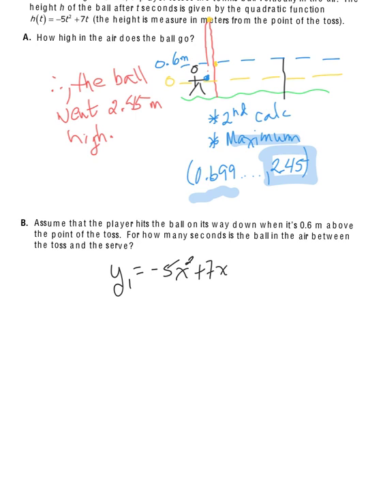So you already should have put that into y sub 1. In y sub 2, this is a horizontal line that would hit the y-axis at 0.6, so that would be y equals 0.6. So in this y sub 2, we're going to put in 0.6, and it's going to create this horizontal line. So go ahead and put that into y sub 2 and hit enter, and then hit graph.